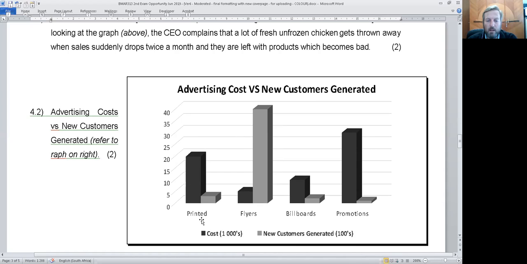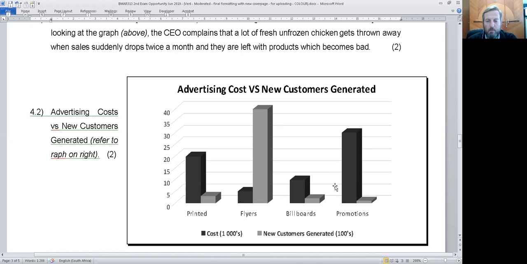So what we can gather here is that the cost of printed ads is a lot, whereas we don't generate a lot of new customers. But flyers generate a hell of a lot of new customers, and it doesn't cost us a lot. So in this instance, it seems like promotions cost the most, followed by printing, and then billboards, and then flyers.